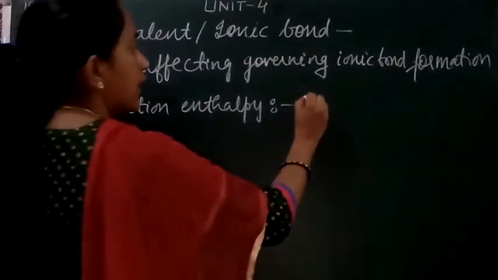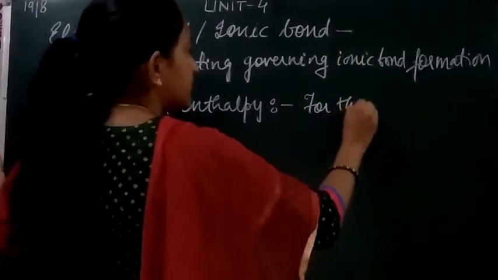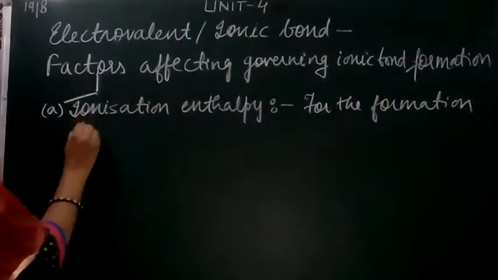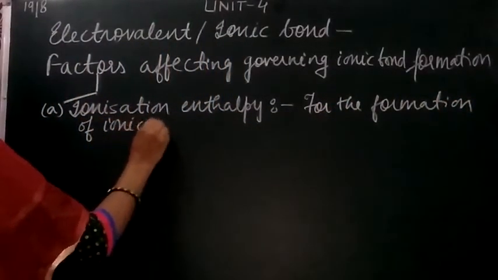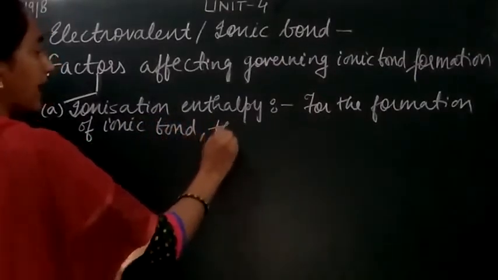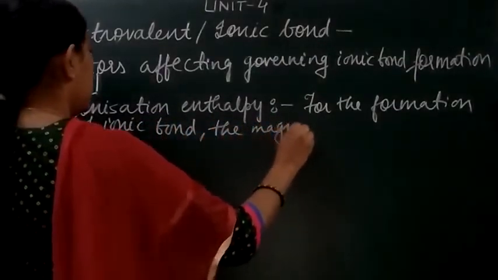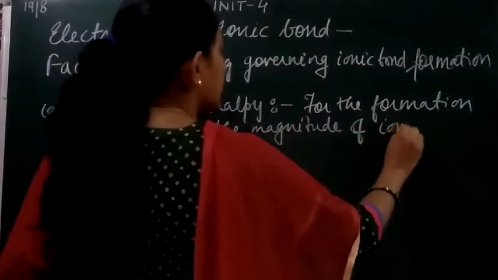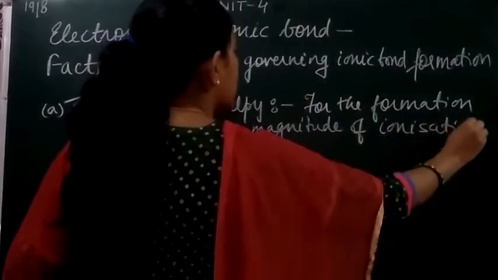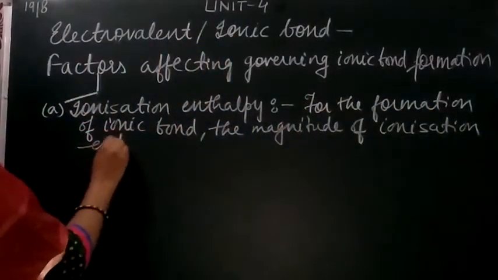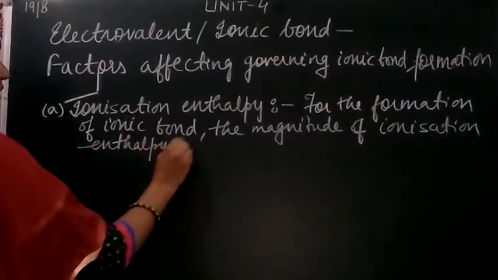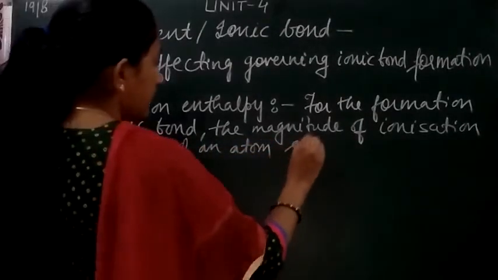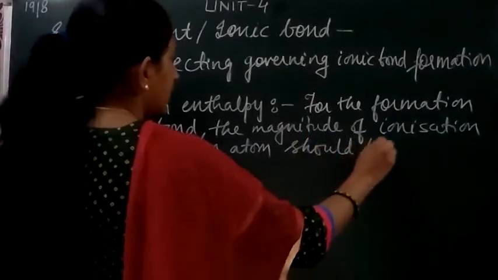So for the formation of the ionic bond, the magnitude of ionization enthalpy of an atom should be less.